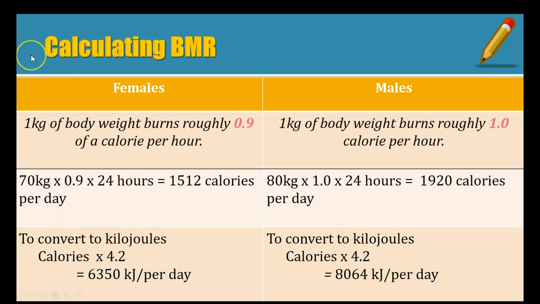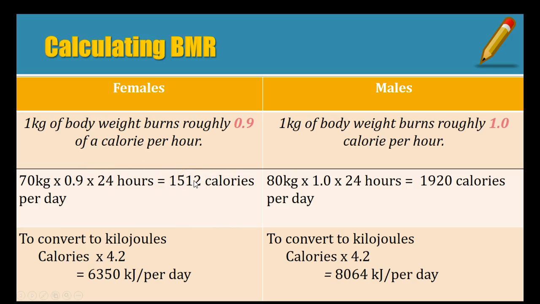A BMR will be different for males versus females because they're not biologically the same. In females, 1 kilo of body weight will burn roughly 0.9 of a calorie per hour, whereas for males, it'll roughly burn 1 calorie per hour. Calculating BMR is the weight multiplied by how much 1 kilo burns per hour times 24 hours, because we're working out a BMR based on one day, and that will give us a number in calories.